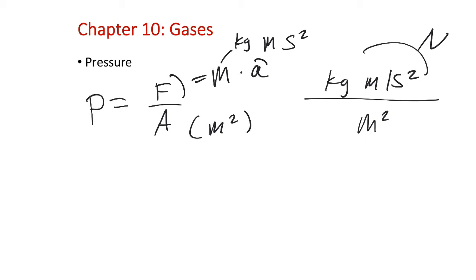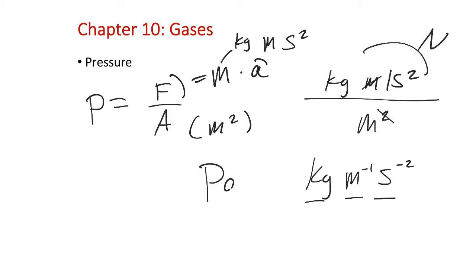If we do our cancellation here, we see that one of these cancels in the pressure. We have this unit of kilogram, meter to the minus 1, second to the minus 2. These are the fundamental SI units behind the SI unit of pressure that we define as the Pascal. So 1 Pascal is equal to 1 kilogram meter to the minus 1, second to the minus 2.